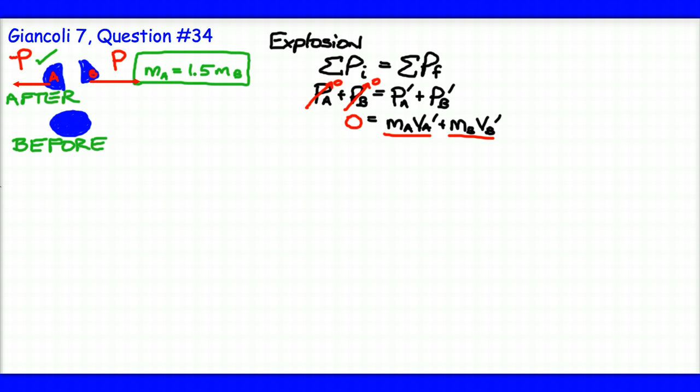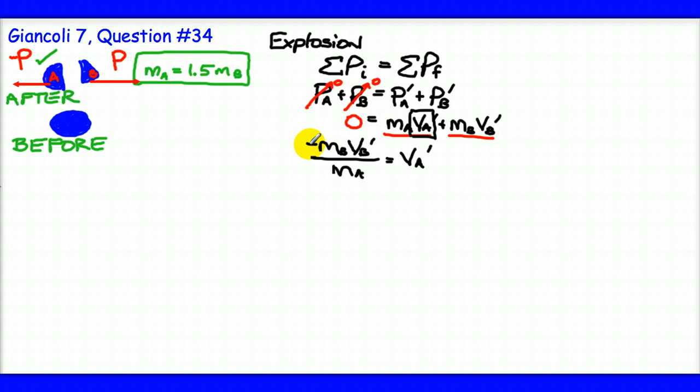If I solve this for the velocity of A prime, I'm basically going to subtract this term from both sides. I get negative MB VB prime divided by MA is equal to VA prime. If A is going to the left, then particle B has to be going in the opposite direction, and that's where this sign comes in.